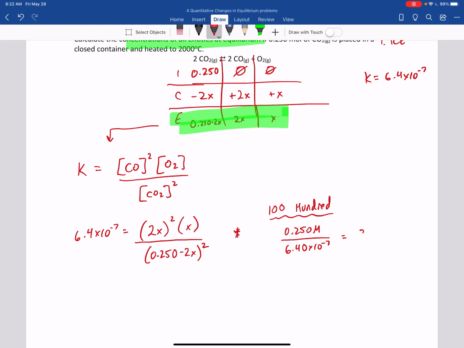And it works out to be approximately 391,000. So this is greater than 500, which means K is very small. Little product is going to form, and we can ignore the change of x.